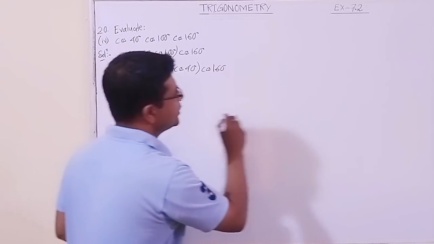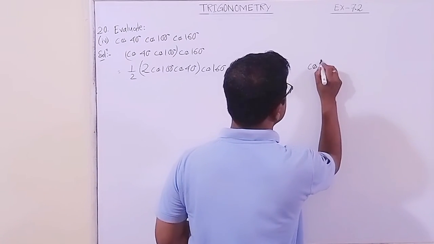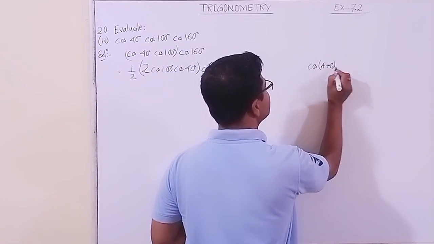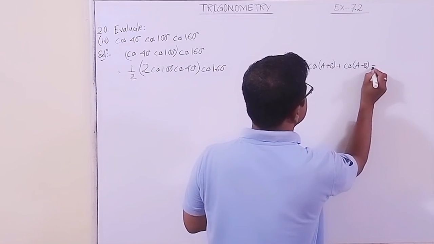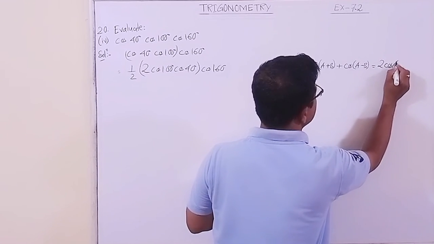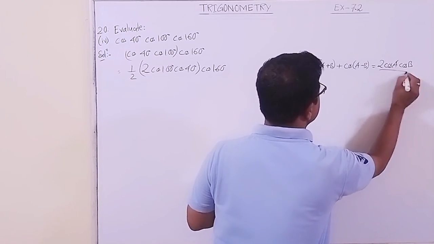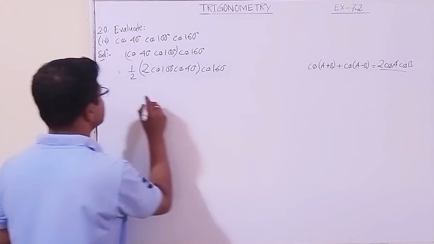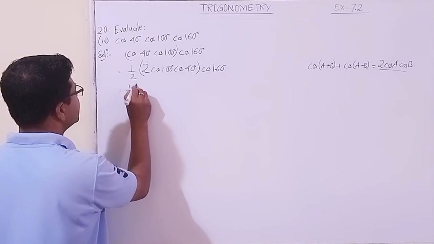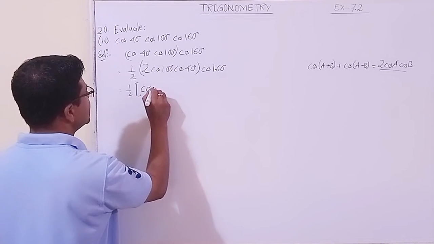Now which formula shall we apply here? We know that cos of (a plus b) plus cos of (a minus b) is equal to twice cos a cos b. It is in this form, you see, twice cos a cos b. So we can apply this formula, half cos of (a plus b).